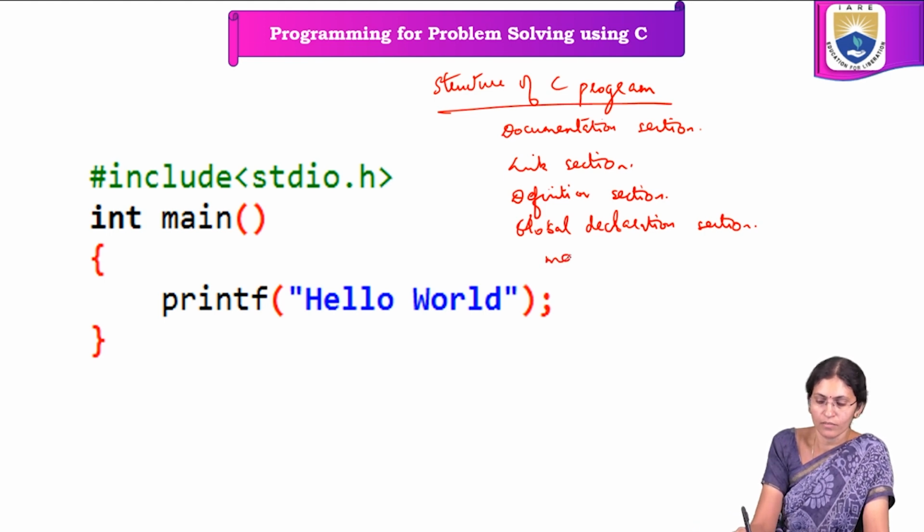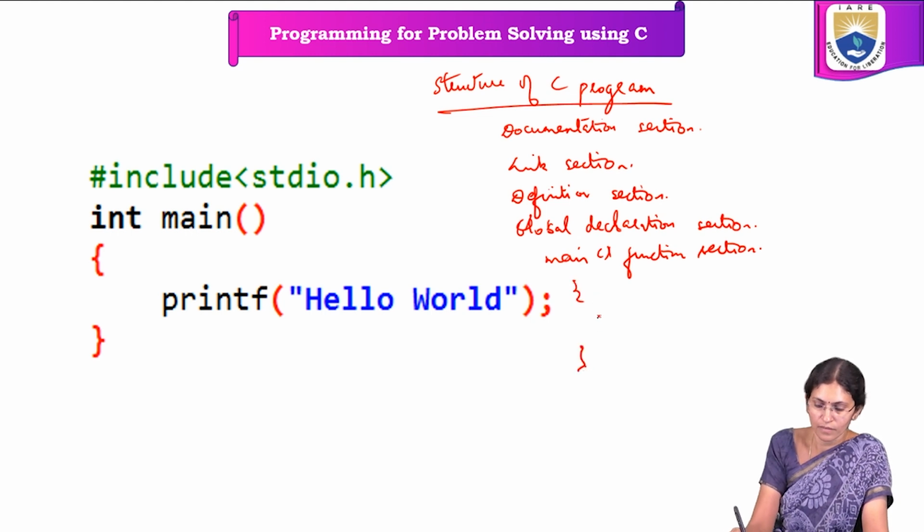After that, the main function section. In this we have the declaration part, and then the executable part.